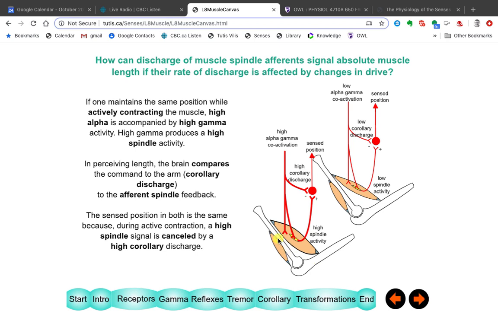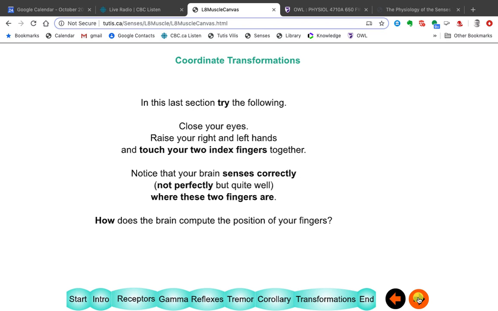Now, in the other case, when the muscle is highly contracted, you get a lot of sensitivity in the spindle, lots of activity coming back from the spindle, but that gets subtracted out by the high corollary discharge. So you sense the same position here as you sensed when the muscle was relaxed.